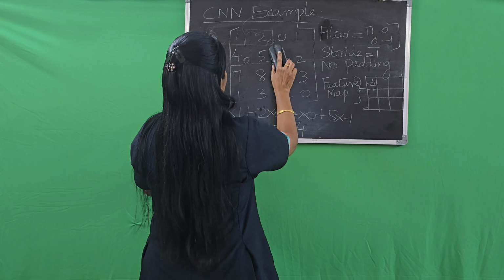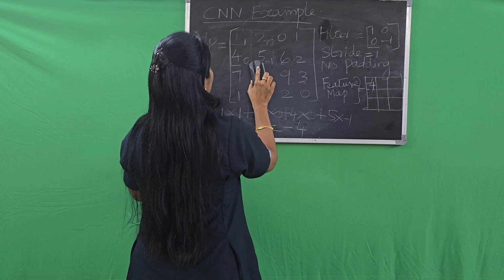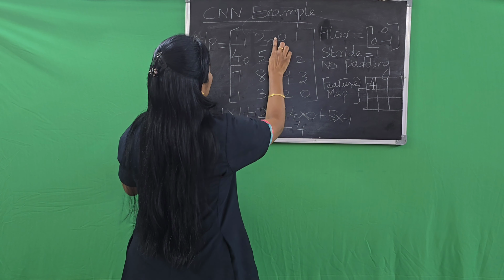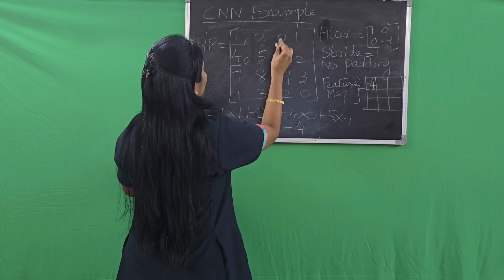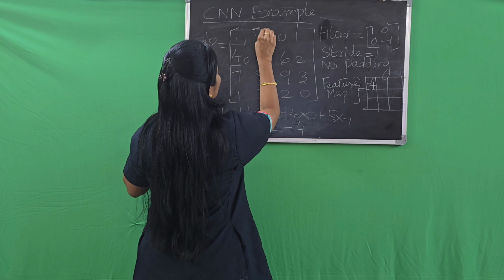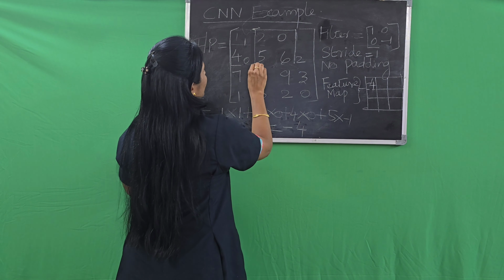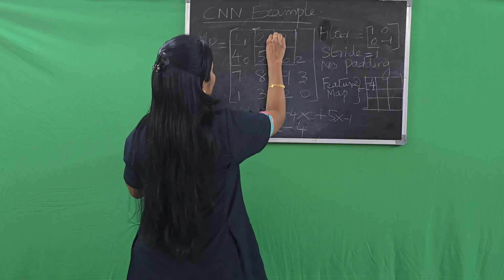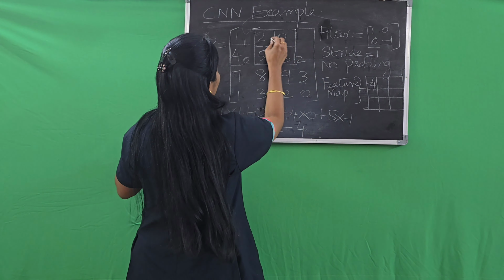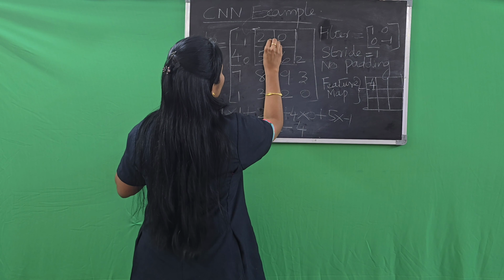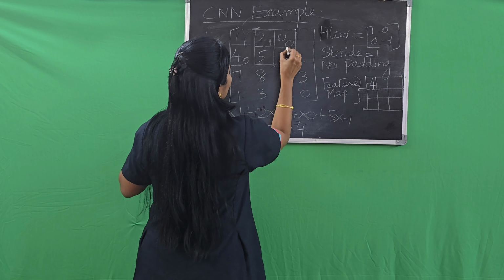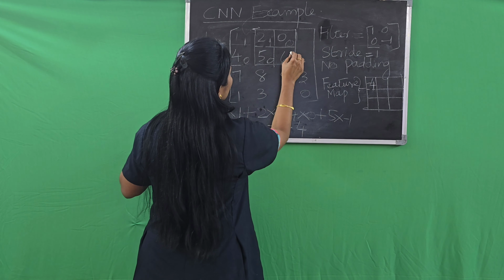So next we can place the filter here and write the filter values 1, 0, 0, minus 1.